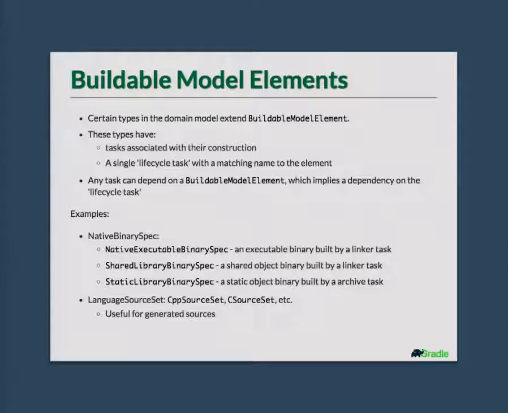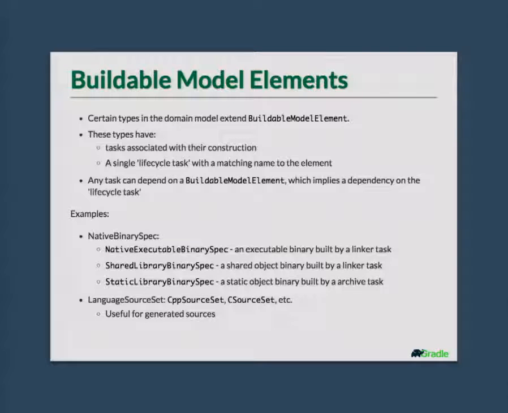So a native binary spec is a buildable model element. It's an executable binary that's produced by the linker task, which depends on the output from the compile task, and so on all the way up. So these are different types of binaries that you can produce, different types of buildable model elements.